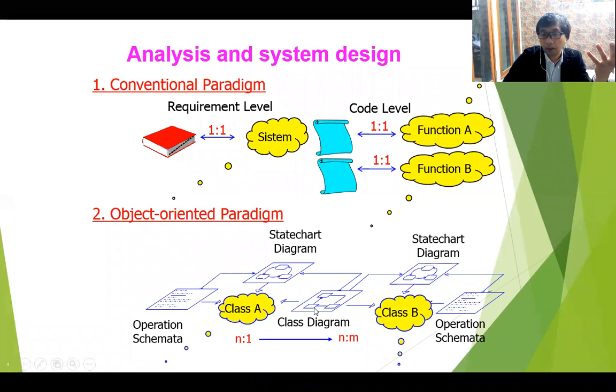So to define one class, you need several models, and it's also so for another class. So each class in object-oriented programming will consist of several diagrams.